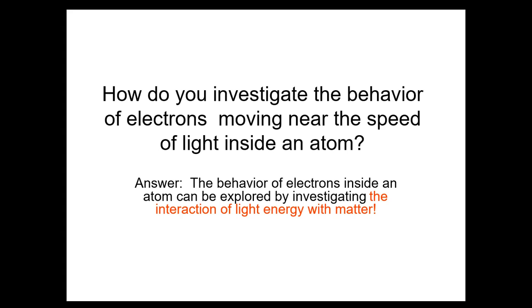So before we get into why and how electrons are arranged in atoms, we're going to first review some information about light, because how light behaves when it interacts with atoms is critical to our understanding of the atom.